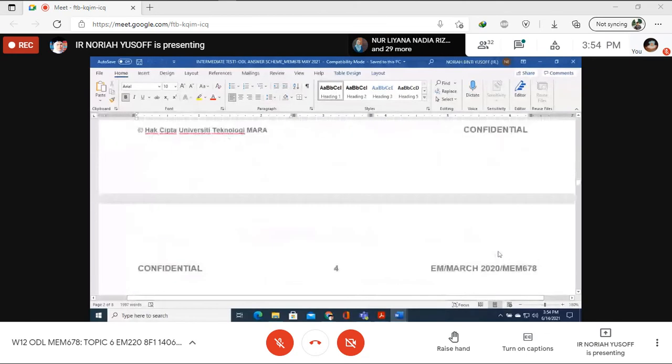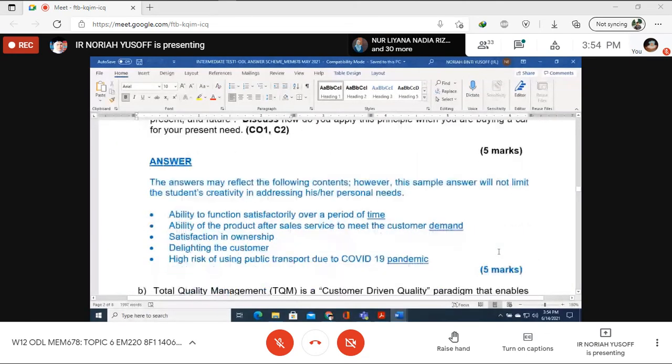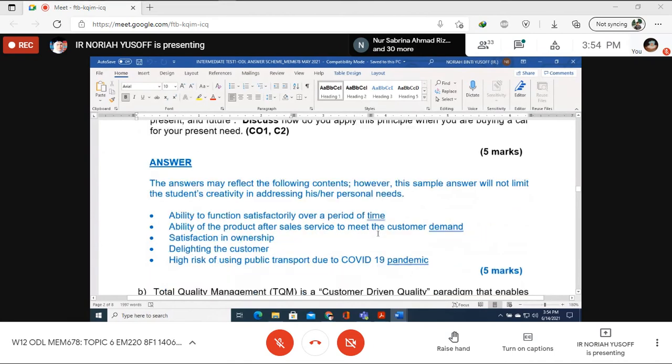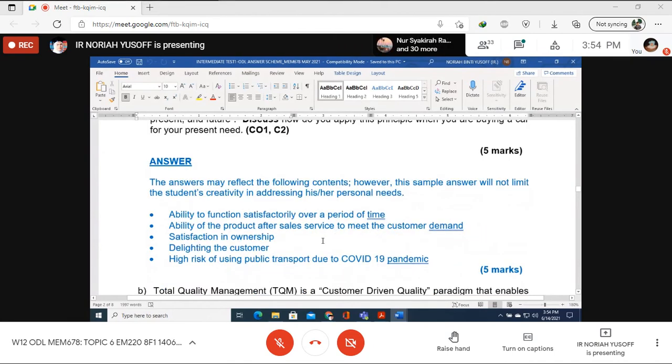Here, question 1. My question is actually how do you apply this principle based on the customer needs if you are buying a car. So I give you the point. If you are able to highlight that it is able to satisfy my needs, say your present need as a student, you need an economical car with very low consumption, a small car, easy to use, easy to drive in the campus, you explain.